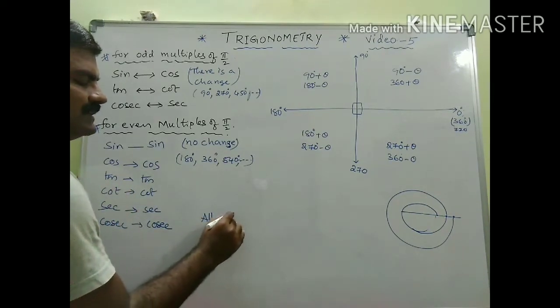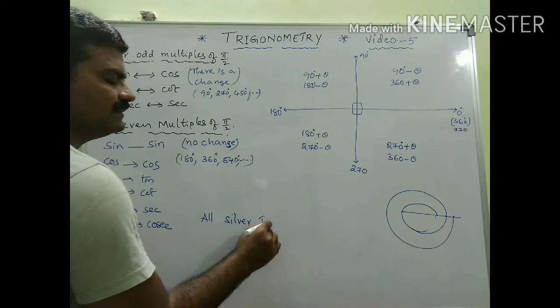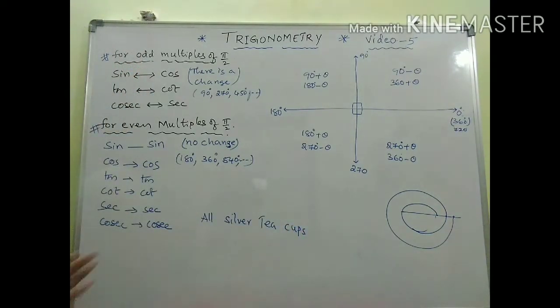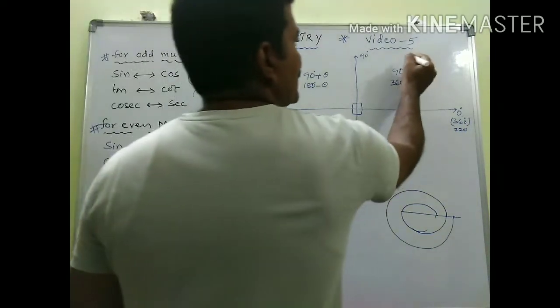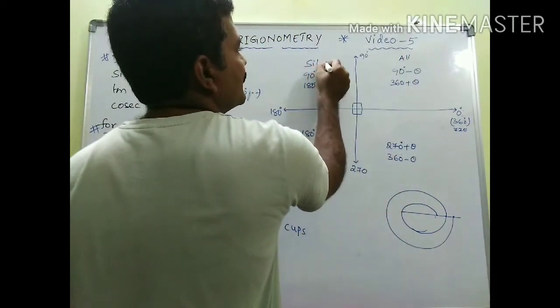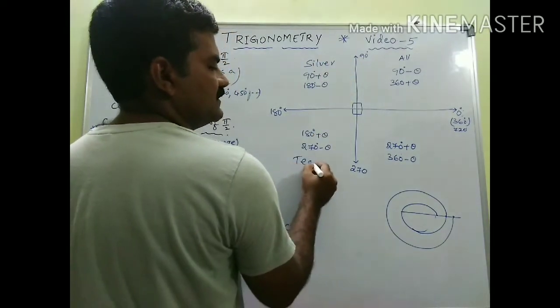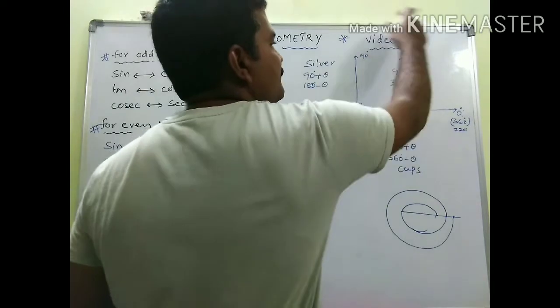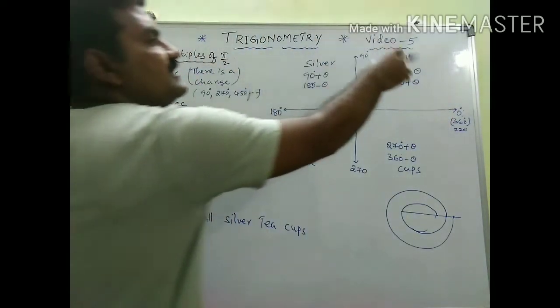All silver tea cups. This is the sentence you need to remember. All silver tea cups. So you can write here all, this is silver, here tea, and finally here cups. All in the sense every trigonometric ratio is positive in this first quadrant.